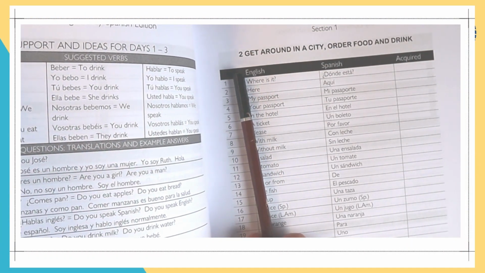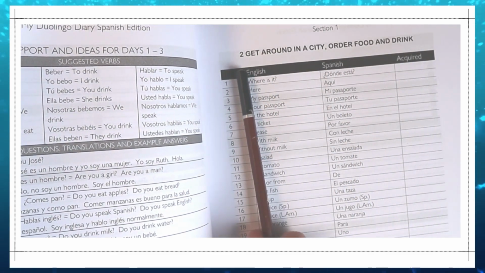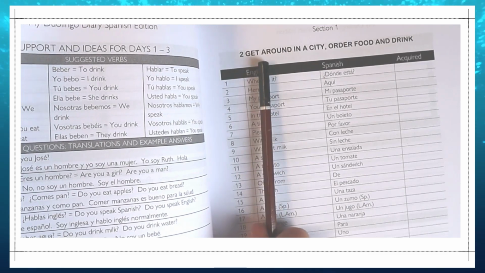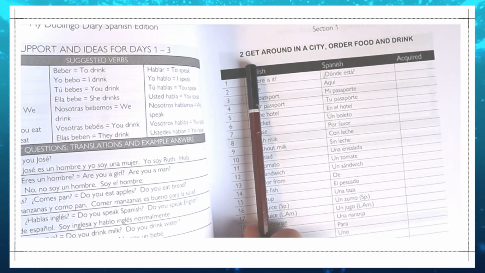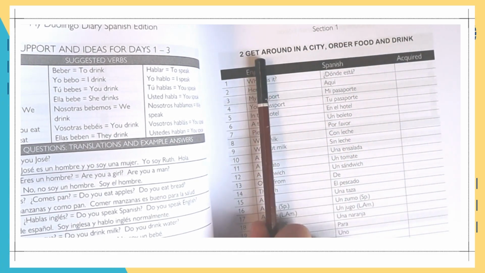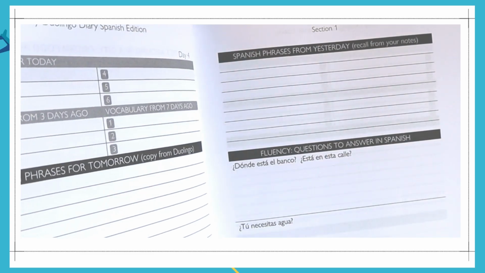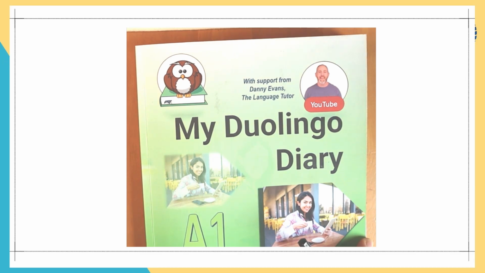So the next lessons are called Get Around in a City, Order Food and Drink. And you can see when you click onto Duolingo how you, in section 1, lesson 2, 3, 4, whatever it is, it corresponds to the title of the Duolingo lesson. In A1 and A2, these books, you have 182 days worth of studying Spanish.